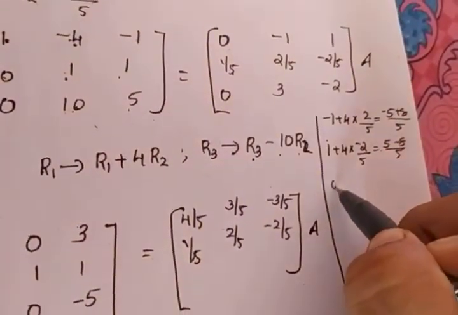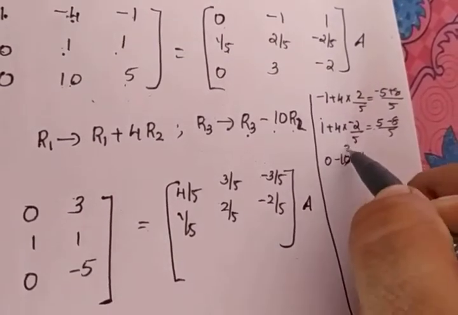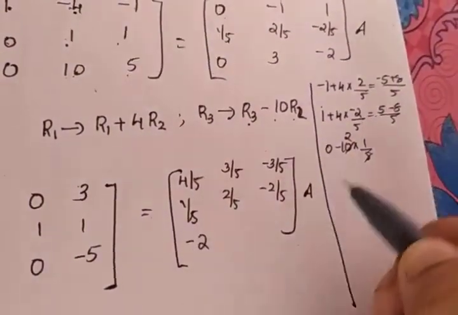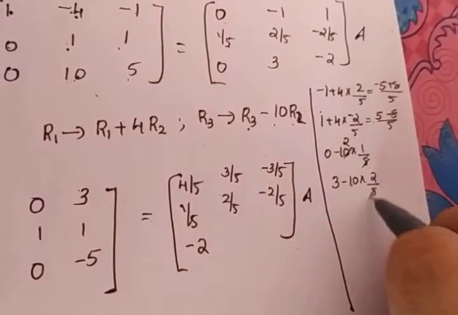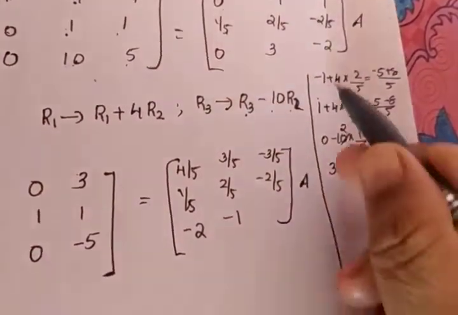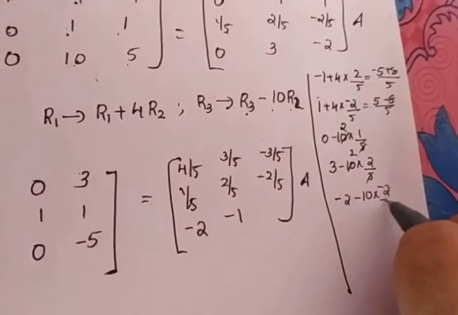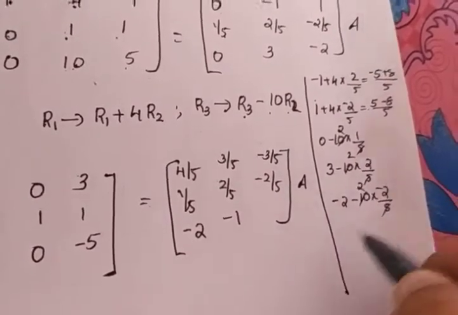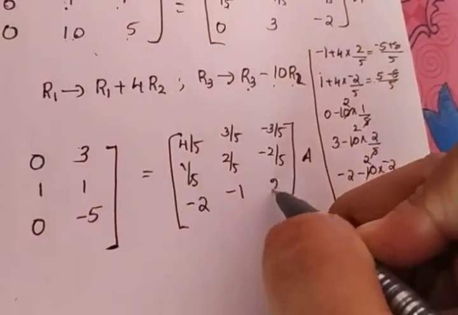Right side is 0 minus 10 into 1 by 5. So it will give you the value minus 2. The next element, 3 minus 10 into 2 by 5. Again it will get cancelled. 3 minus 4, it is minus 1. Again minus 2 minus 10 into minus 2 by 5. Here also it will get cancelled, giving you minus 2 plus 4, which is 2.